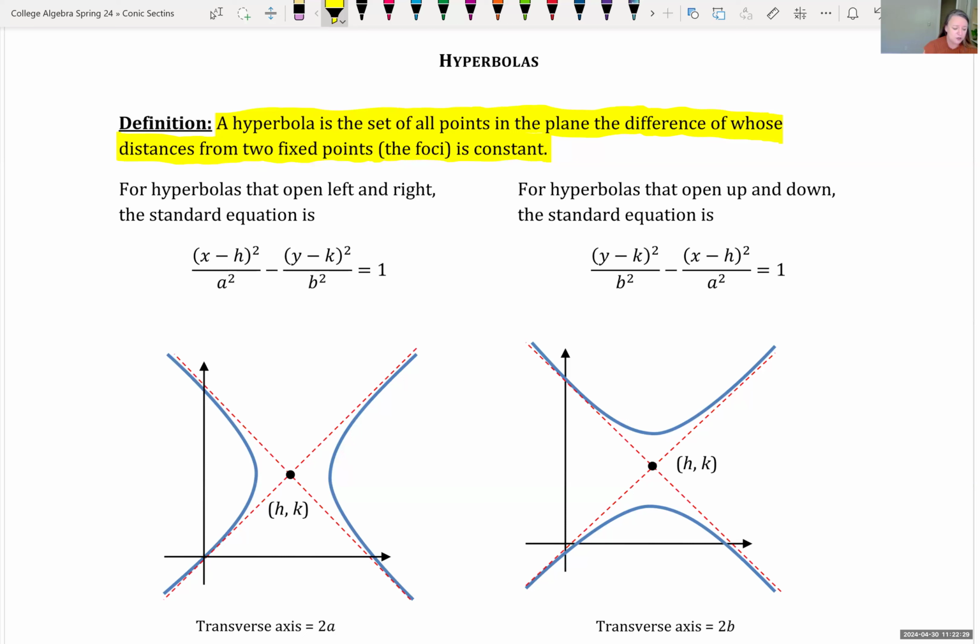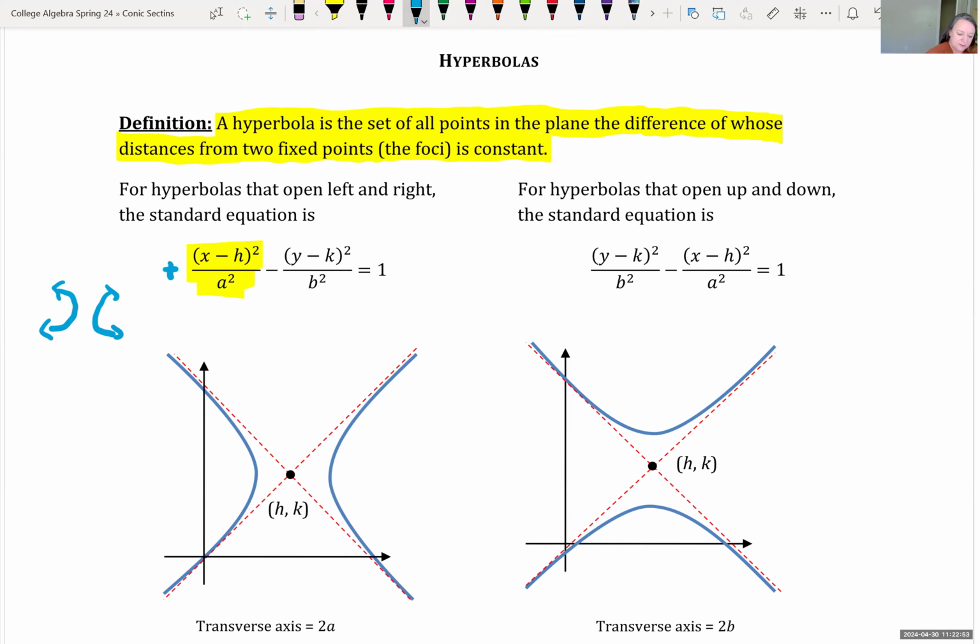So notice for that first equation, we have x minus h quantity squared over a squared. Notice the minus is not in front of the quantity squared that has the x. So if that is positive, I know that the parabola shapes are going to be going towards my x-axis.